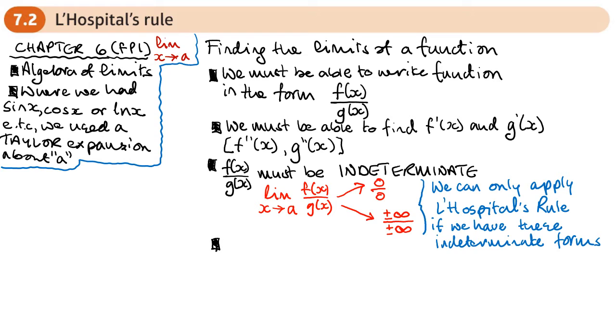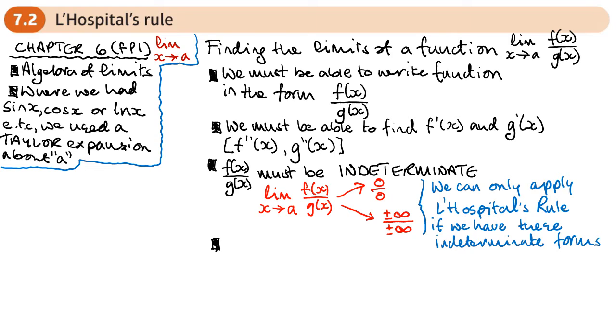So if all of these things are satisfied, so the function can be written as f of x over g of x, a function over function, if we are able to differentiate those functions, and if the original function that we're trying to find the limit of, and I suppose I should write it down here, is in indeterminate form, so when we find the limit as x tends to a, whatever a is, 1, 0, infinity, or whatever, we get either 0 over 0 or positive or negative infinity over infinity, then we can apply his rule.